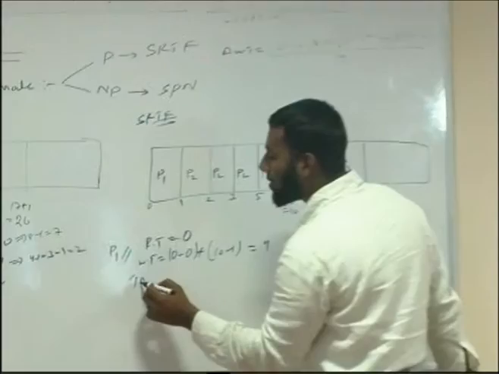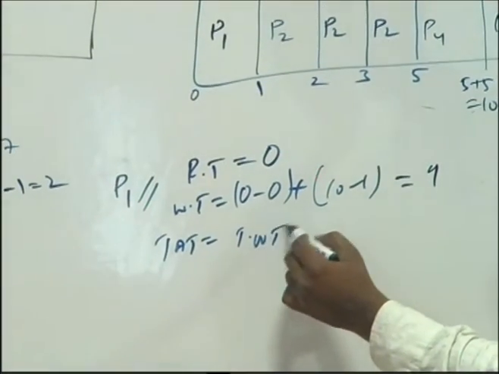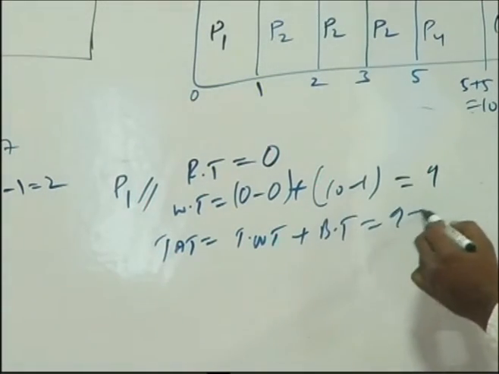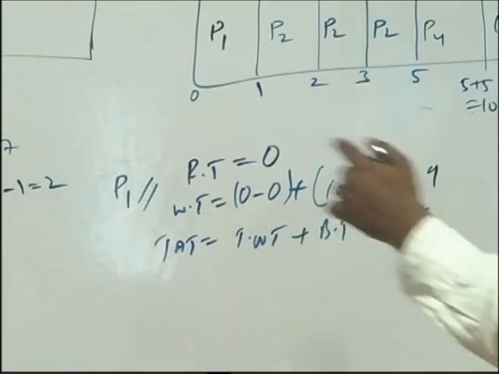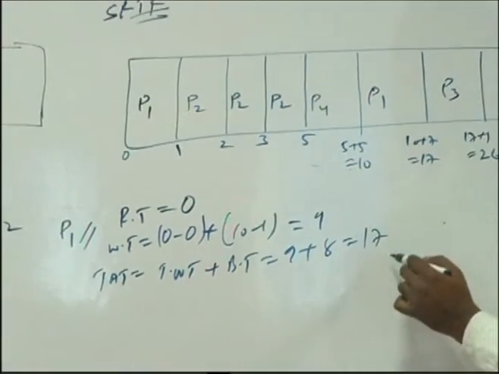So turnaround time will be total waiting time plus burst time, which is 9 plus 8, equivalent to 17.